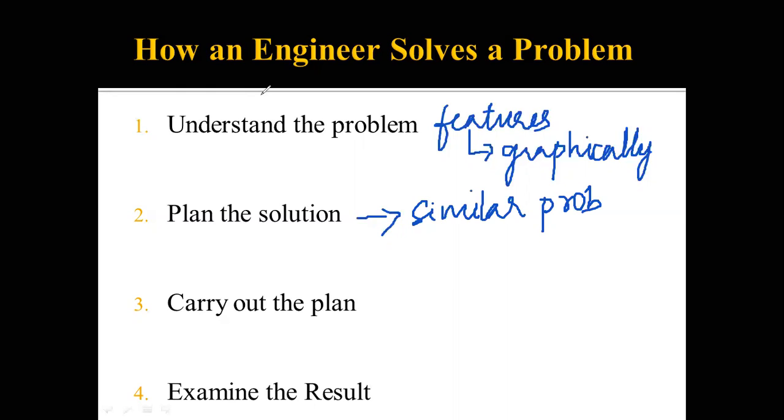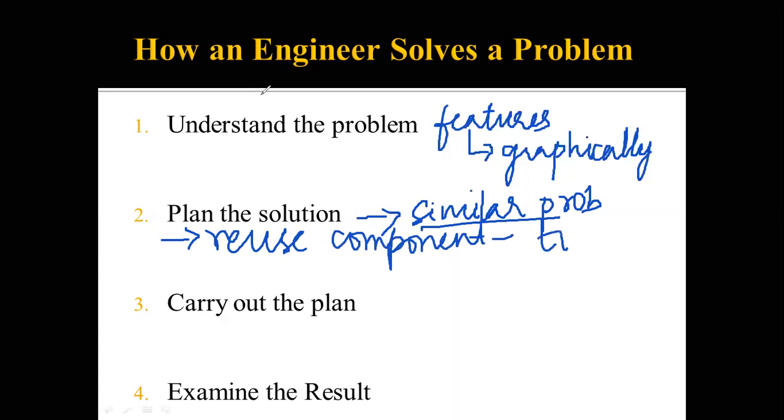So the main thing is whenever you've got a similar problem, you can reuse the component. When you're reusing the component, you can save time. That is why you're going to check whether you have encountered a similar approach before or not, so that you can reuse the particular solution.